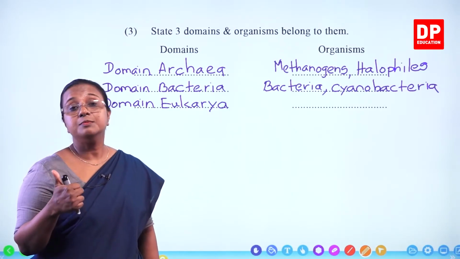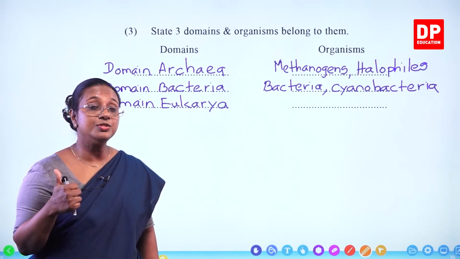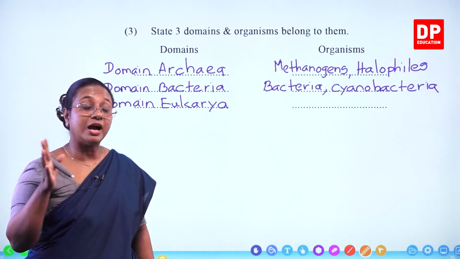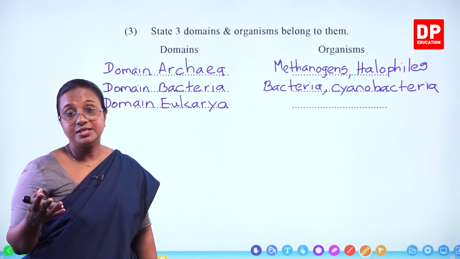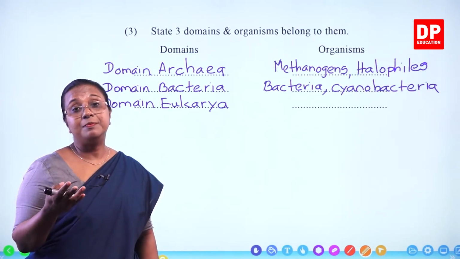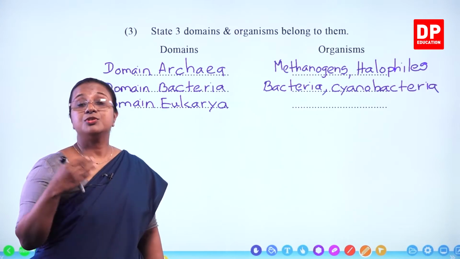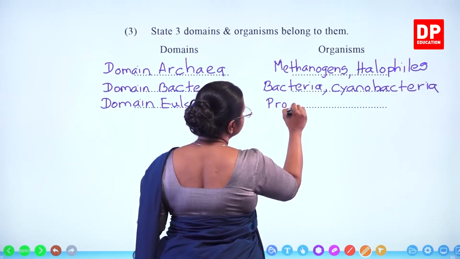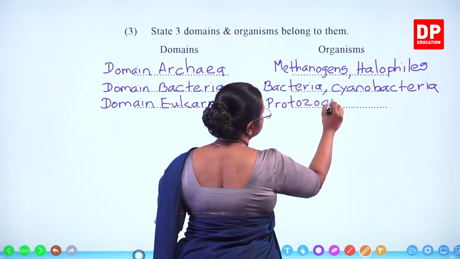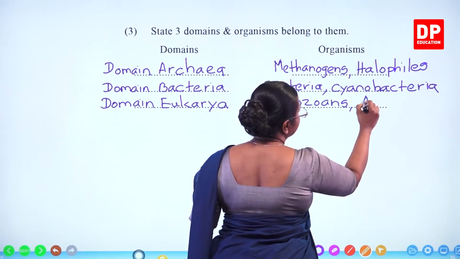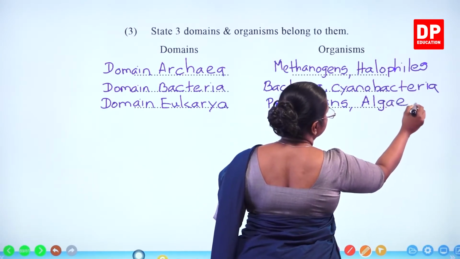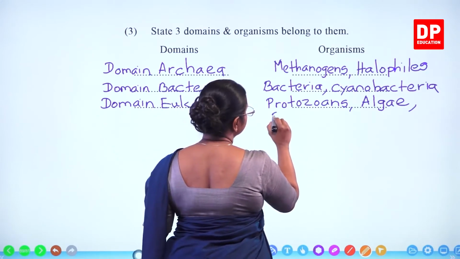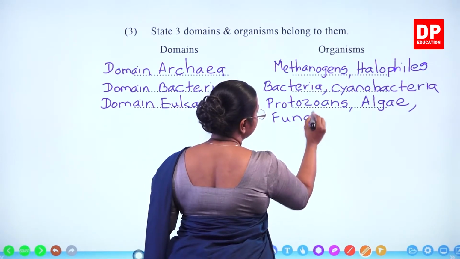First one is kingdom Protista. Kingdom Protista includes protozoans and algae. Since they have asked for organisms, you can either say protist or I will better write it as protozoans and algae. Then under kingdom Fungi, there is only fungus, or you can say fungi, plural.